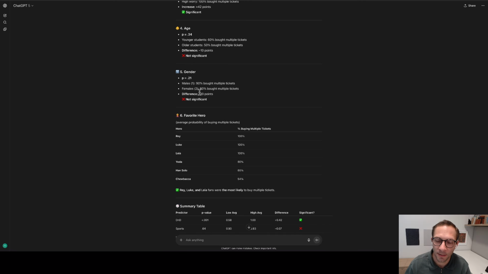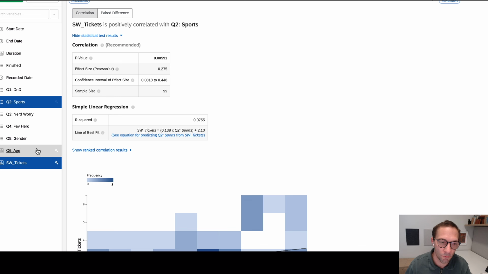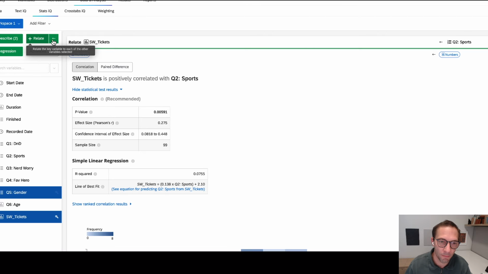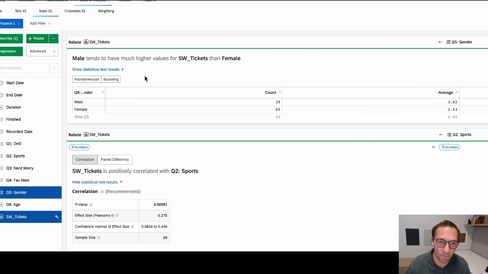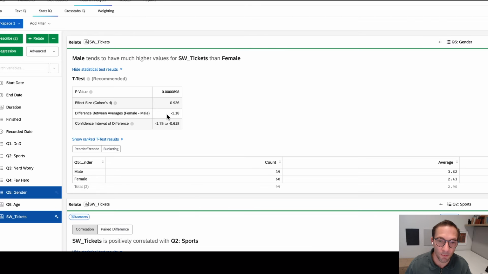Now this is interesting because it's saying that the p-value is not significant when it is significant. So that's annoying. It's not always going to be exactly right, and I could fight with it.